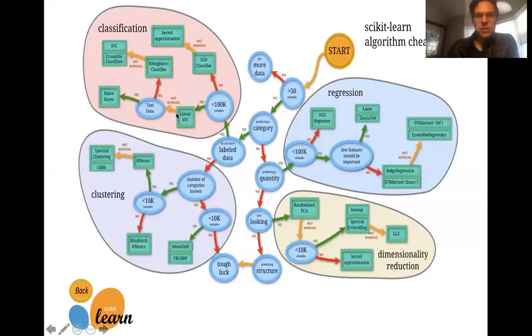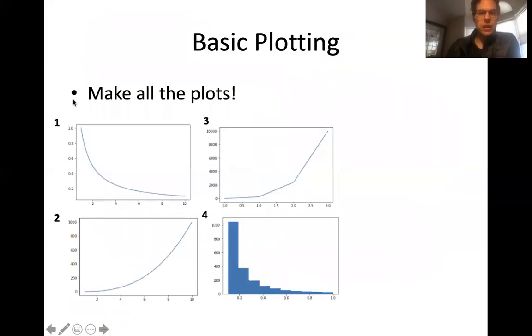I can do linear support vector classification, which we will talk about, but more simply, I can do k-nearest neighbors, which we will discuss how that works. So that's how this flow chart works.